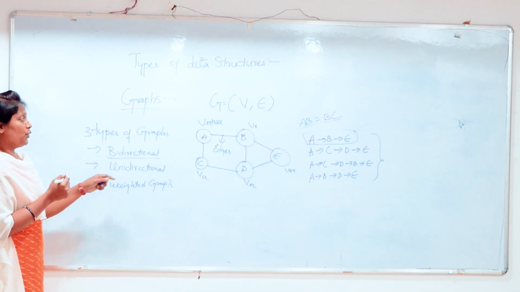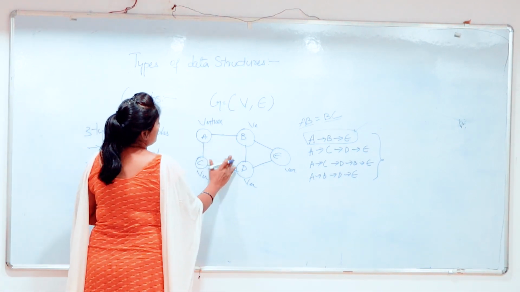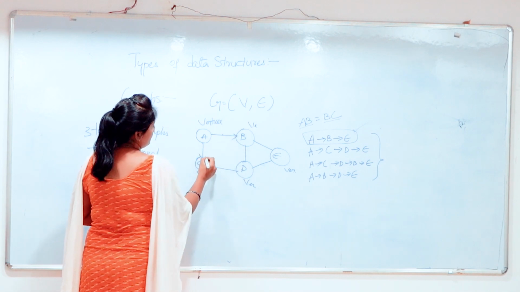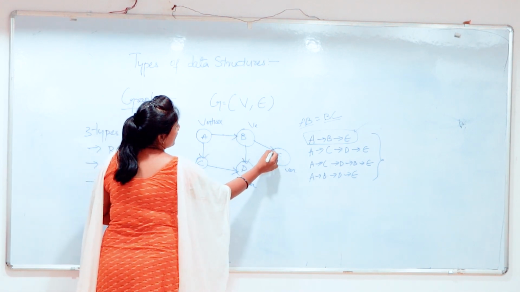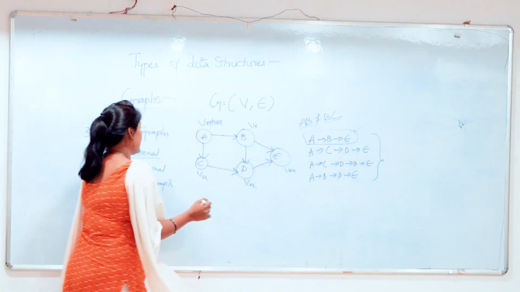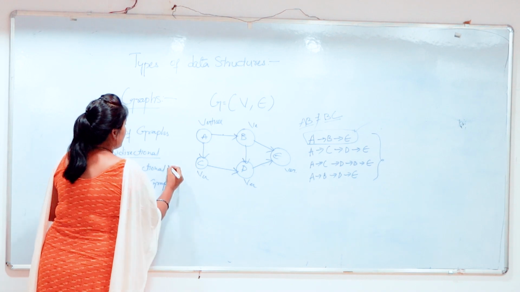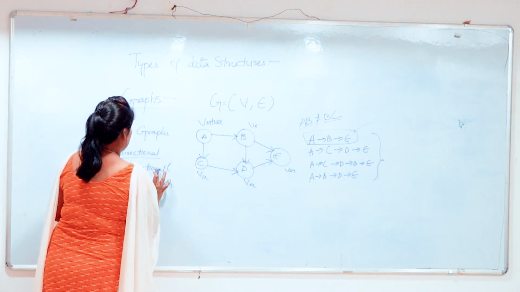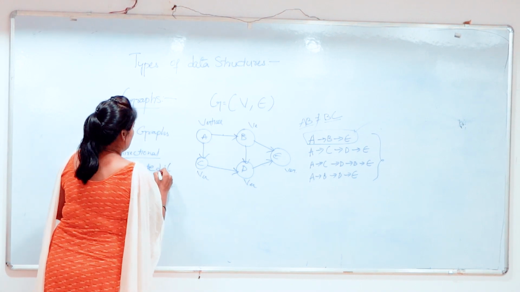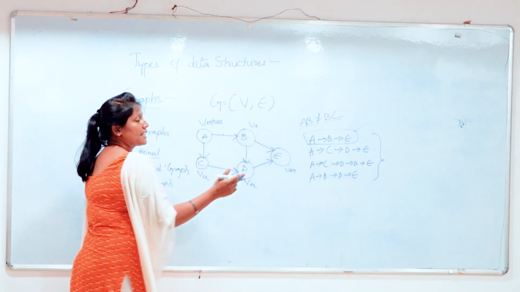Coming to the unidirectional. Unidirectional means that is called a directed graph. Here AB is not equal to BC in the directed graph.